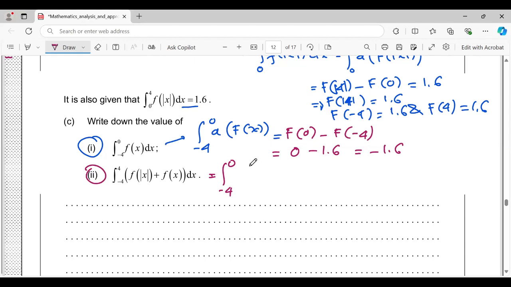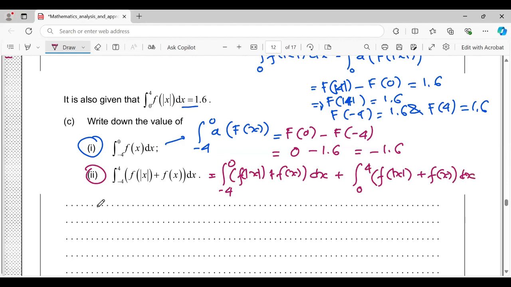Okay, so it becomes the integral from minus 4 to 0 of this expression dx plus the integral from 0 to 4 of this expression.